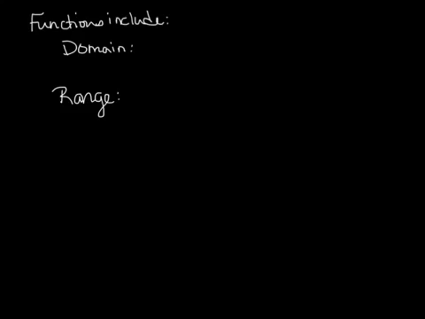The next part of functions that's important is that they include two things. They include what's called the domain and what's called the range. So the domain is all possible x values. And sometimes you'll see another word for x values, which is also going to be called input values.